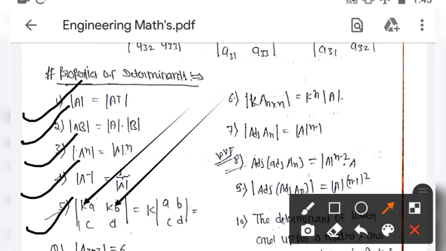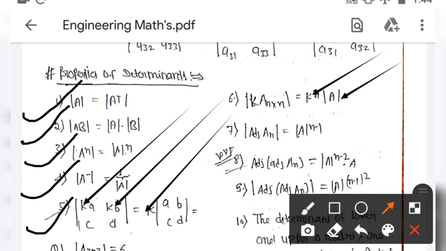So just take the common K outside, and the remaining is A, B, C, D. Then you find the determinant and multiply with K. This is the fifth property, and the sixth property is that if K is multiplied with all the elements of the matrix, then you take it outside to the power of the order of the matrix. N is the order of the matrix and A is the determinant of the matrix A.